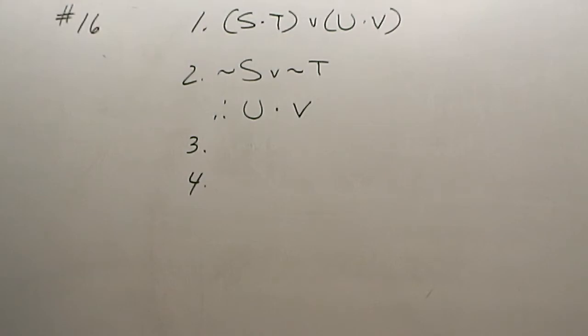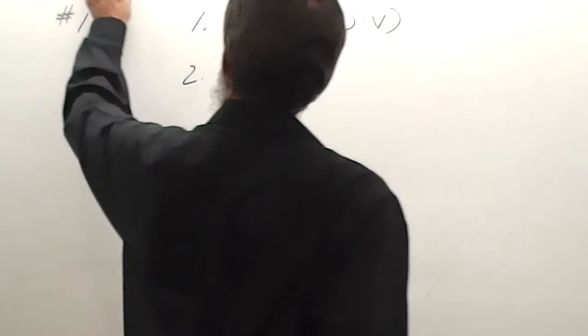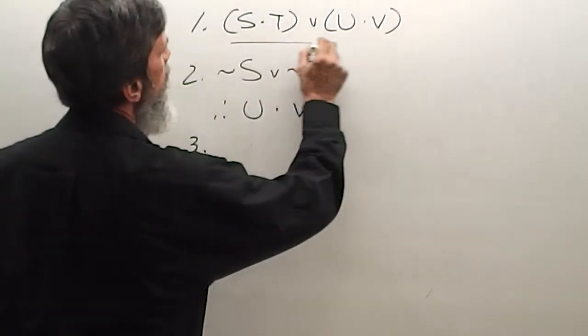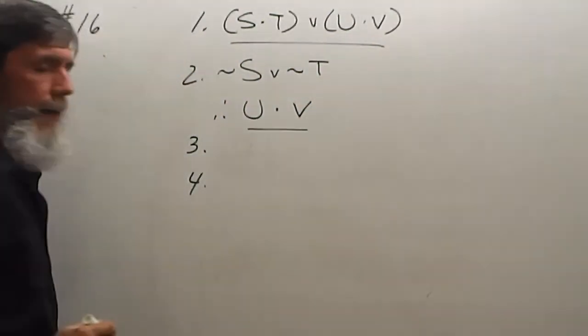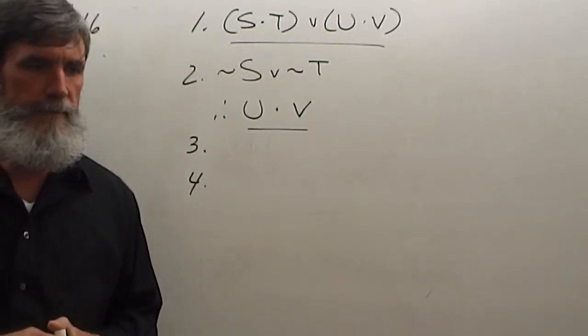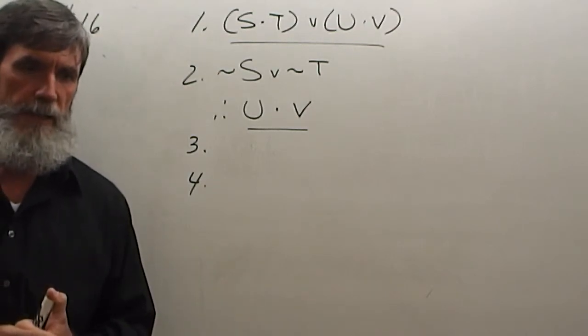Well, let's see what we have going on here. I think that you should recognize that first premise and our conclusion as related to each other as the first premise and the conclusion of one of our first 9 rules of inference.